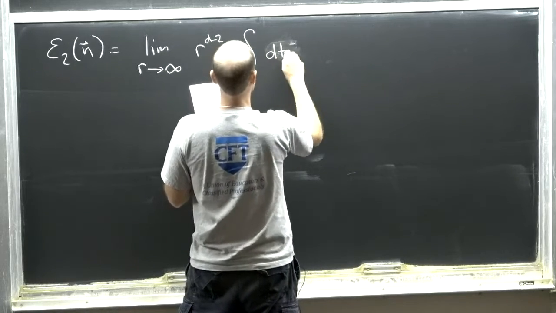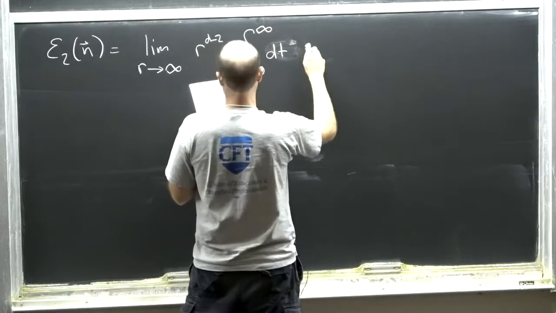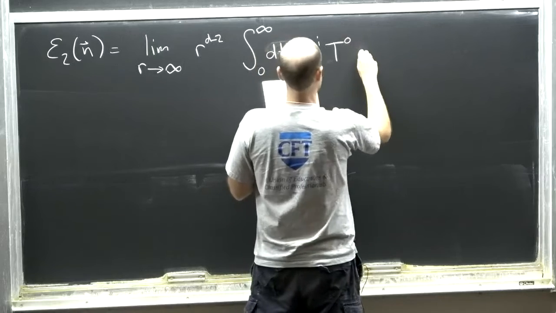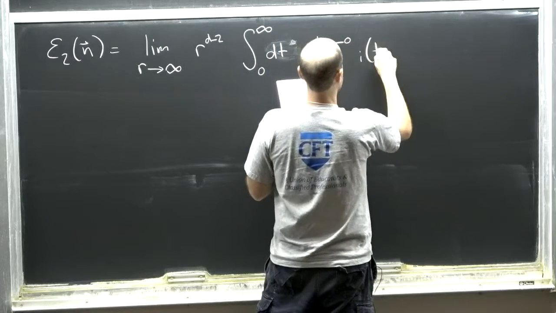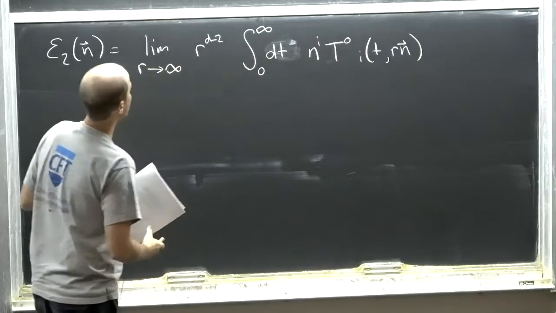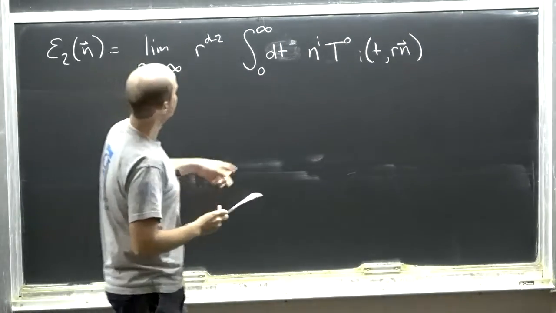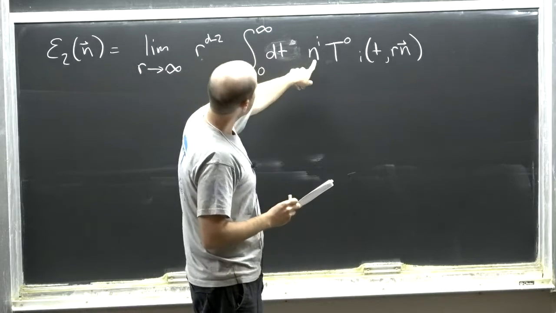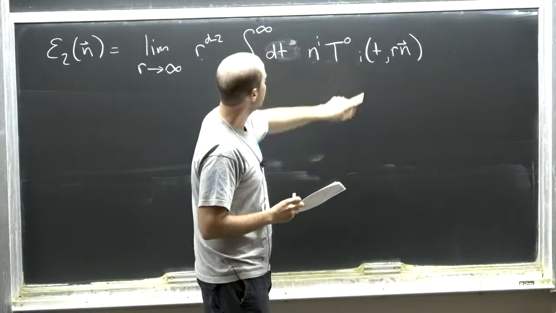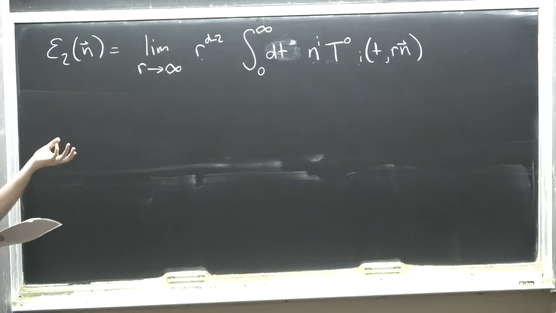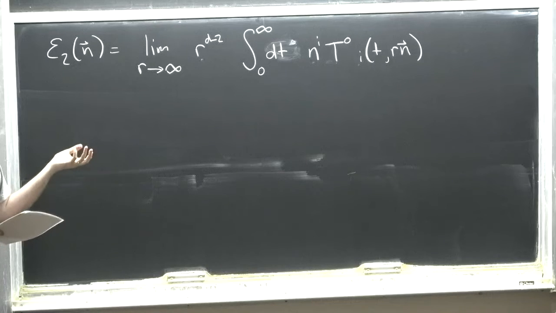So it's an integral over time from 0 to infinity, n_i T^{0i}(t, r n). So what's happening here is r to the d minus 2 times n_i T^{0i} is the angle element in the n direction times the current for energy, right?